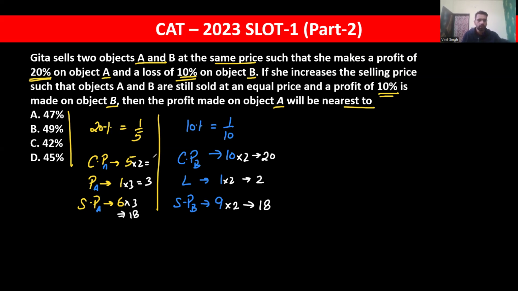Here the cost price will be 15. Now the selling price of both A and B is equal. The cost price of A is 15 and the cost price of B is 20. Now move to the question.